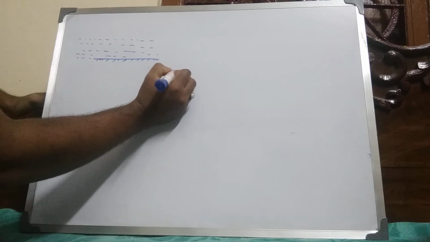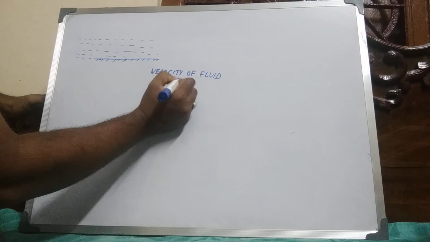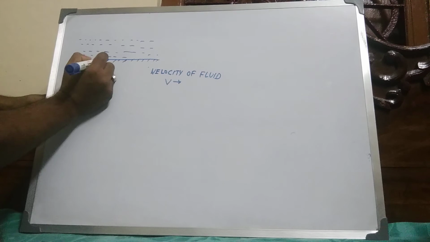When liquid is in contact with the solid boundary, it adheres to it, and this is the velocity of flow. Velocity of fluid is denoted by V, and here velocity is 0.